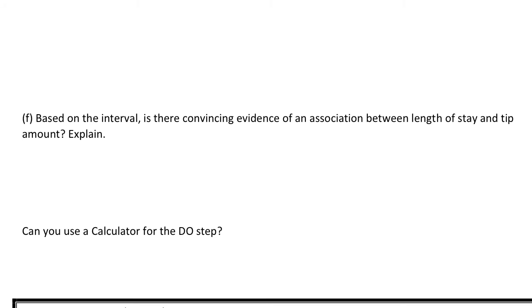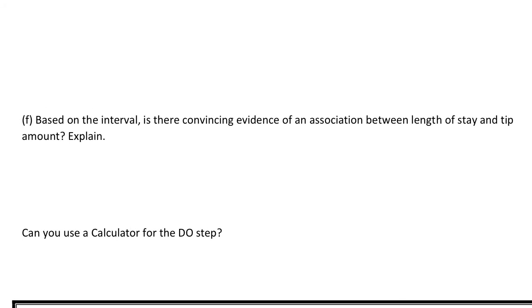And so, is there convincing evidence? No, because 0 is in the interval. And 0 would mean that there is no association, basically. It would mean that there is no real slope between these two. You couldn't actually graph a line.